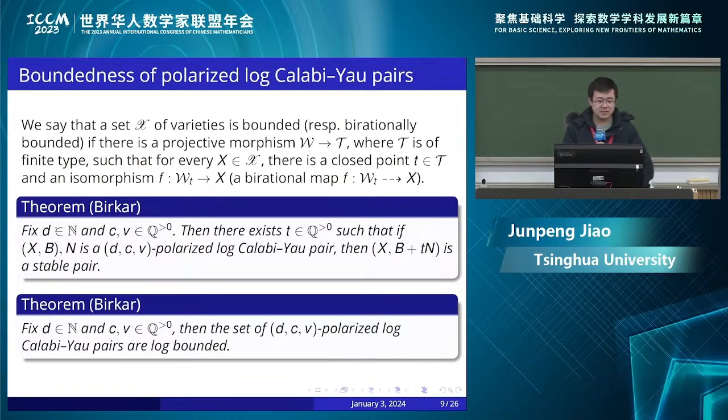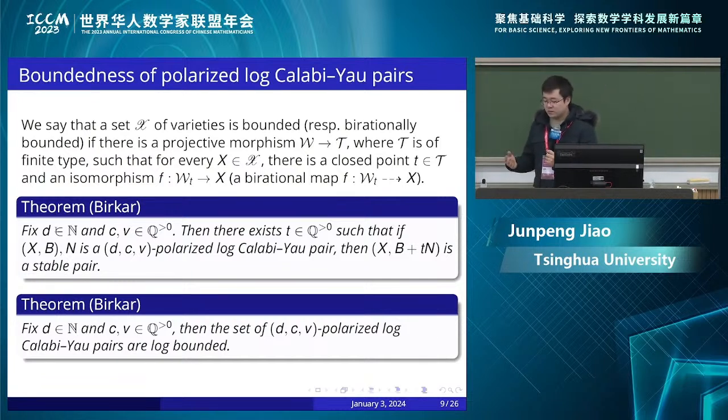First, let's define what is bounded. We say that a set of varieties is bounded if there exists a projective morphism W to T, where T is of finite type, such that for every variety X in this set there is a birational map from a fiber W_t to X. Bounded is a very strong condition, because bounded means there is a parameter space.